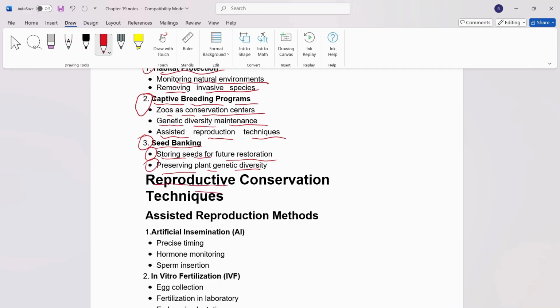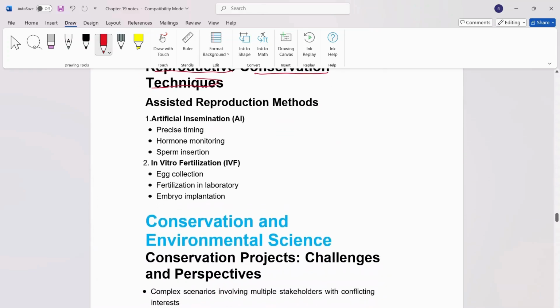Next we have reproduction conservation techniques. Here we can use assisted reproduction methods such as artificial insemination, precise timing, hormone monitoring, and sperm insertion. In vitro fertilization (IVF), we can use egg collection, fertilization in laboratory, and embryo implantation.